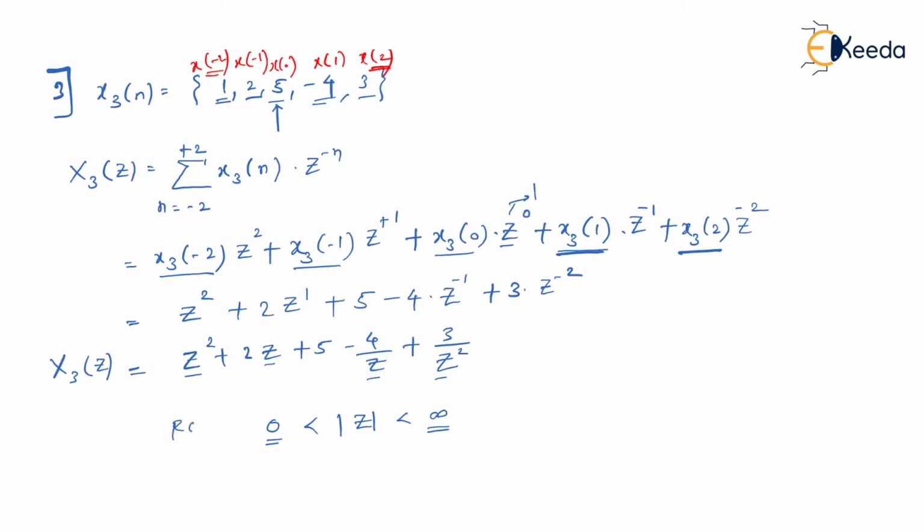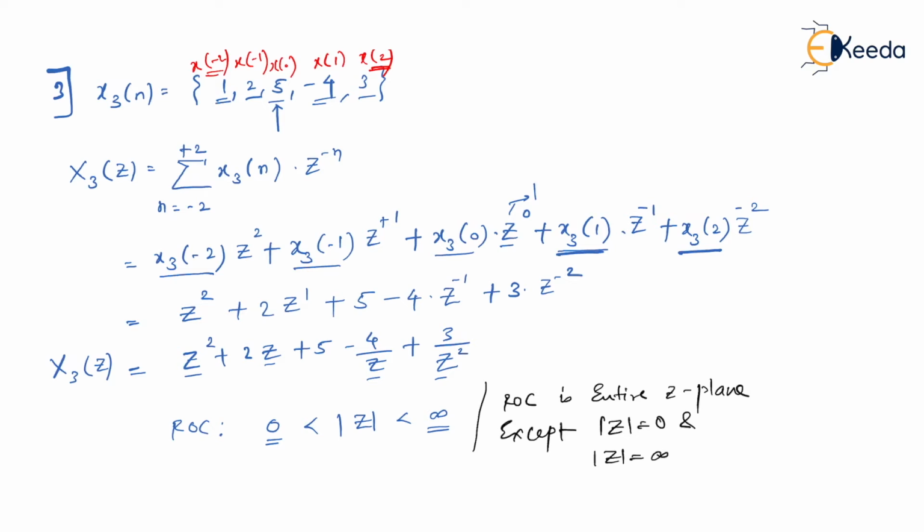So this is the ROC information for x3 of z. In other words, the ROC is the entire z plane except mod of z equal to 0 and mod of z equal to infinity. Avoiding these two values, mod of z can be anything so as to keep x3 of z finite, because the whole aim was to keep x3 of z finite.